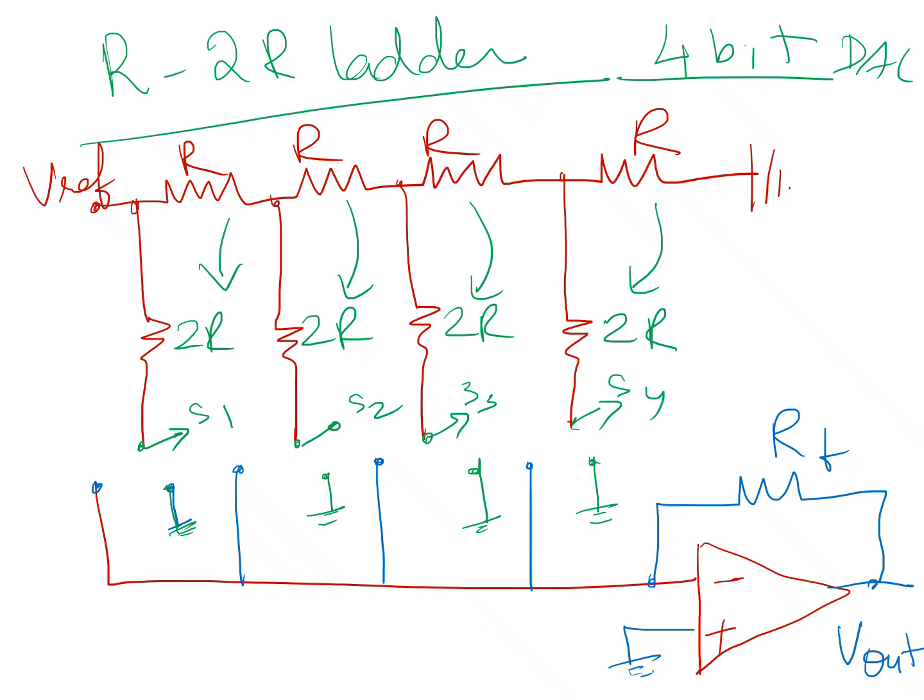If the switch is connected to the op amp, then the digital input is 1. If the switch of the 2R resistor is connected to ground, then it is 0. So if the switch is connected to the op amp, then the digital input is 1.